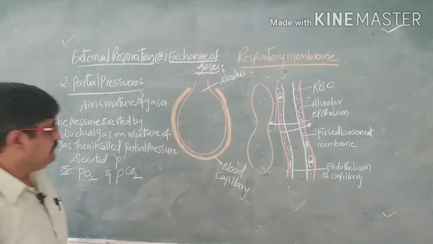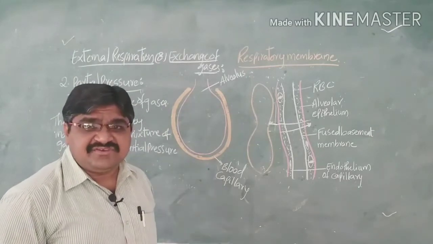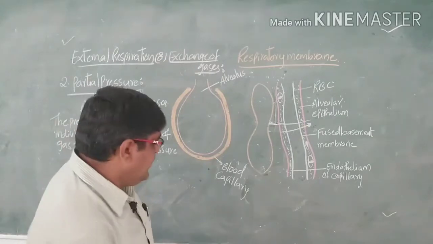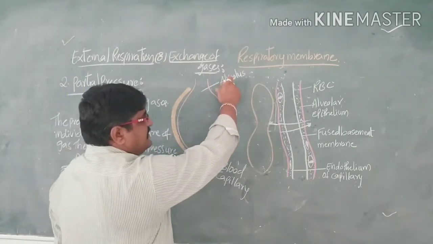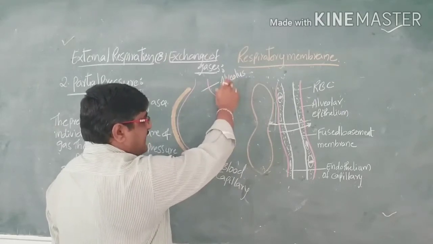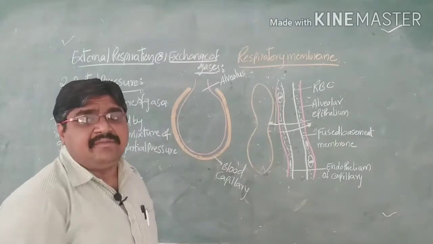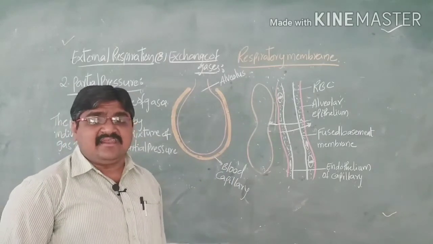The exchange of gases takes place due to these partial pressures, between the walls of the alveolus and the blood capillaries, that is, the alveolar capillaries.